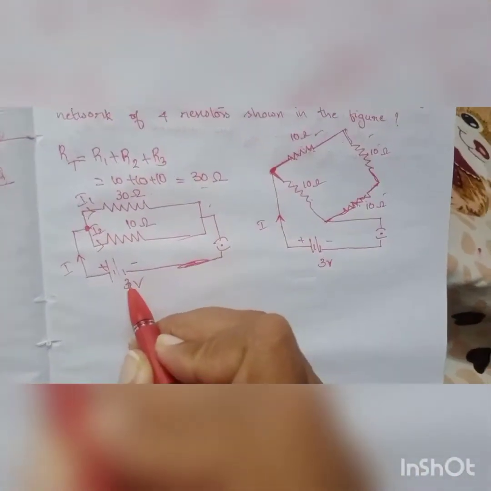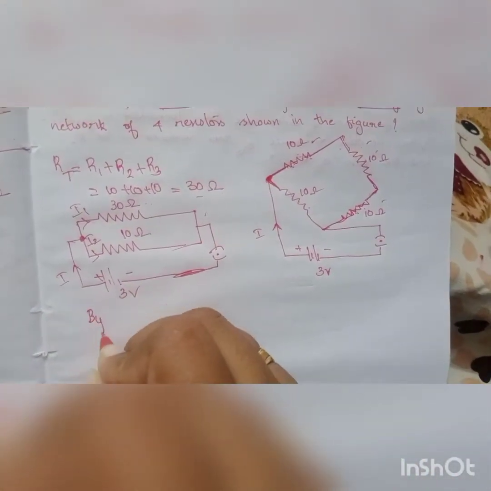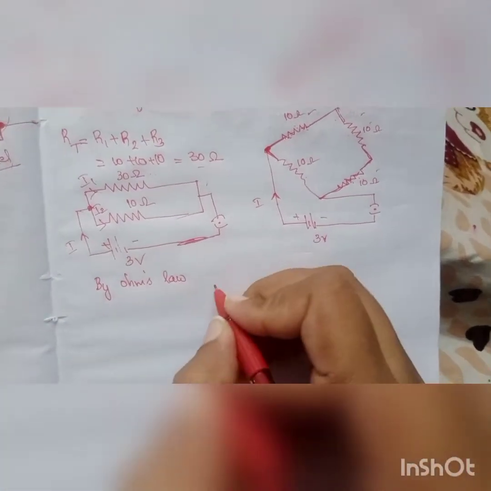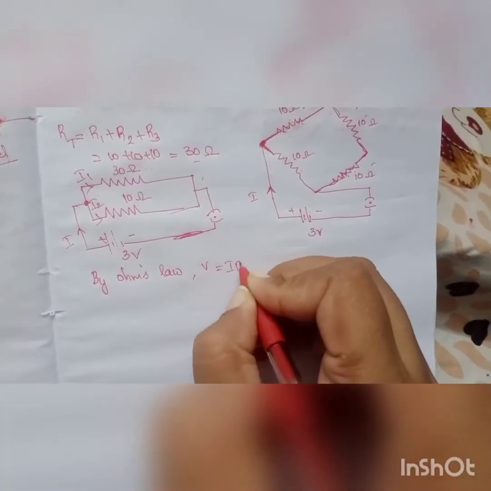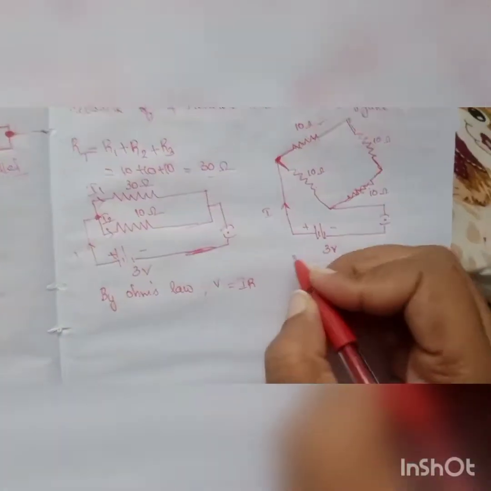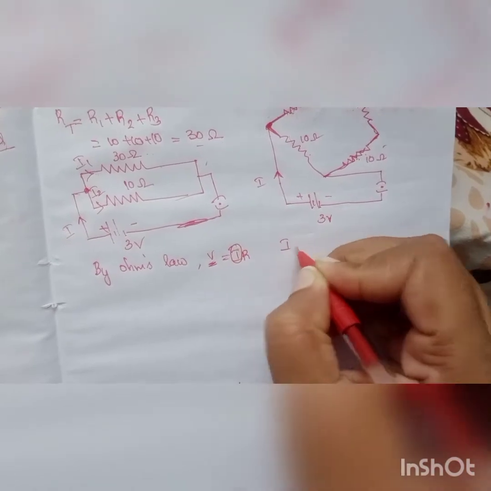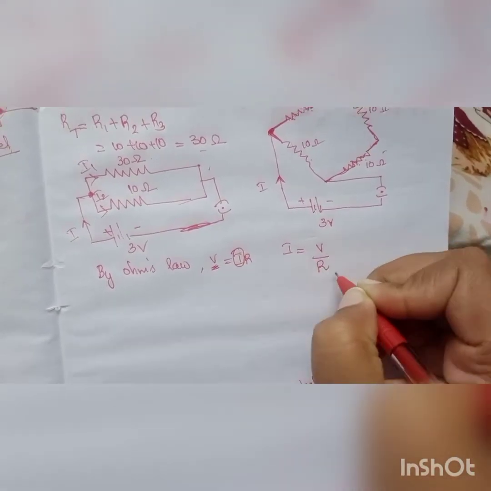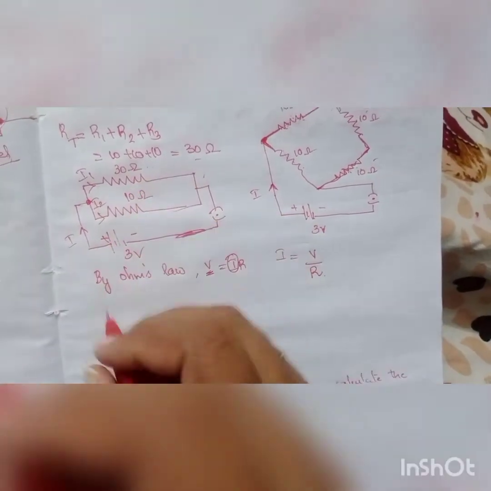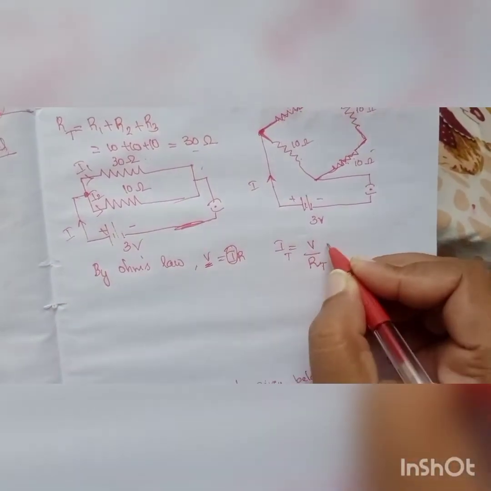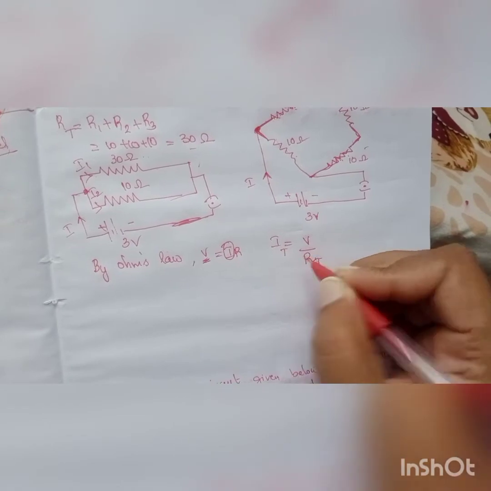For that, by Ohm's law, V is equal to I into R. We know the value of voltage and need to find I, so I is equal to V by R. But we don't know the equivalent resistance, so total current IT is equal to V by RT. We need to find RT.